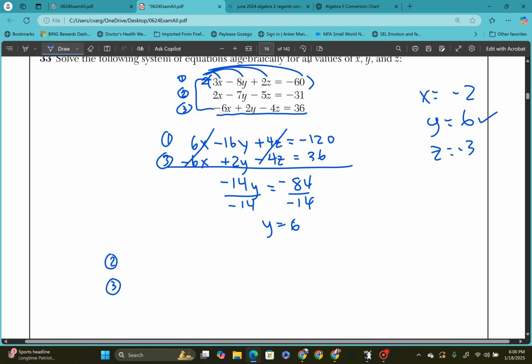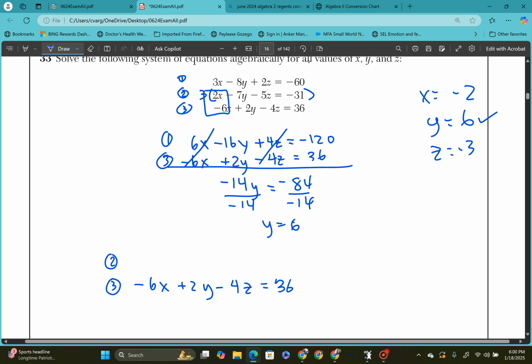So let me go back to this right here. My equation 3 is still negative 6x plus 2y minus 4z equals 36, and I have to get my x's to cancel out. I know my y is equal to 6 now. So how do I do that? I have to multiply this top one by positive 3.